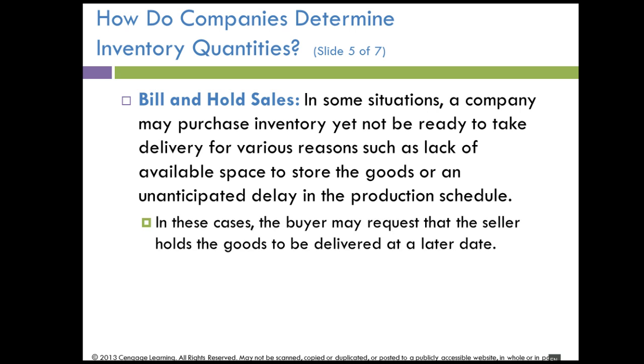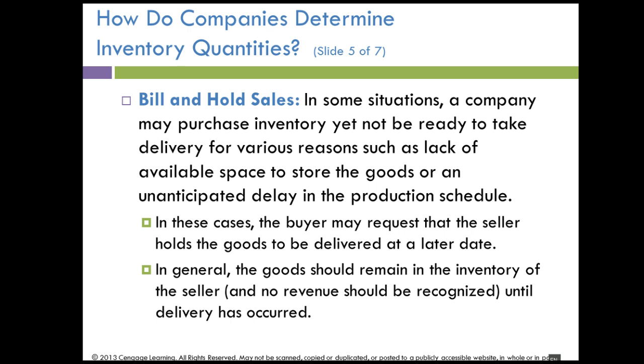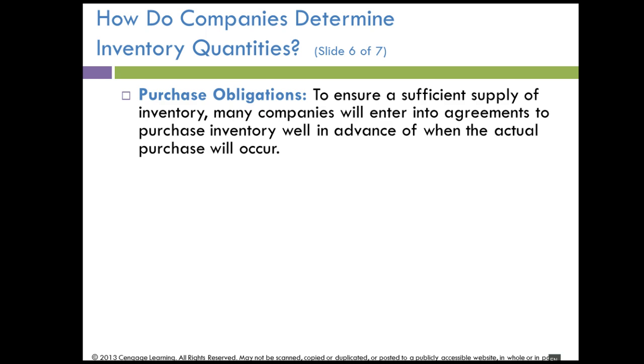So the buyer can ask the seller to hold the goods and have those goods delivered at a later date. In this case, those goods really should be in the inventory of the seller, and a sale should not yet be recognized until they deliver those goods.